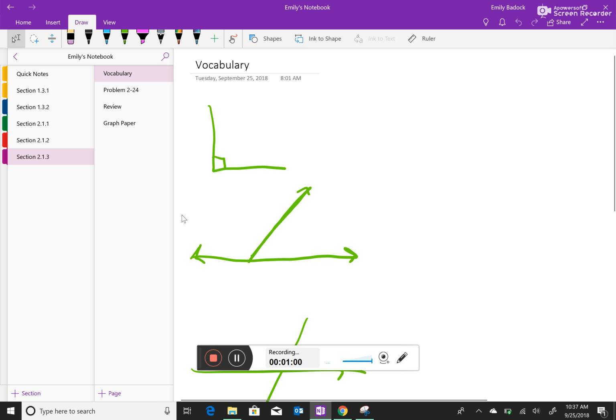So if we're looking at this, we can obviously tell this is a right triangle. And if we cut this right triangle by two angles, we know that those angles have to be complementary, which means that they sum to 90.